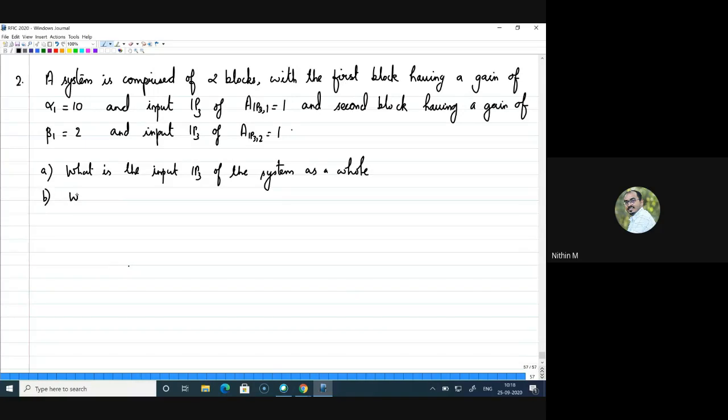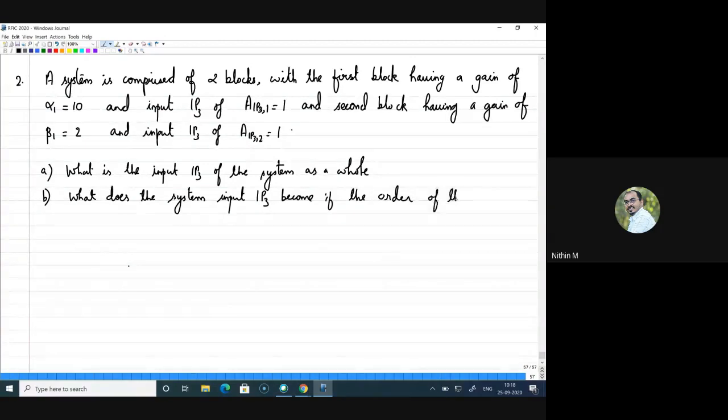Now the second part of the question is, what does the system input IP3 become if the order of the blocks is reversed? The order is reversed, what will happen?